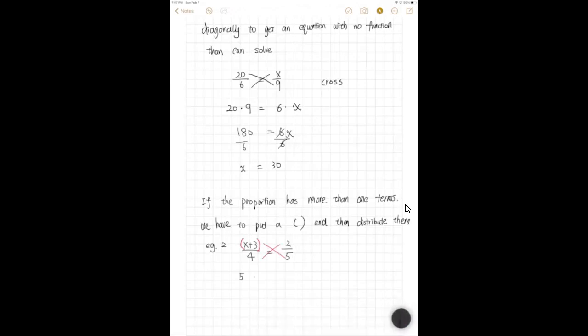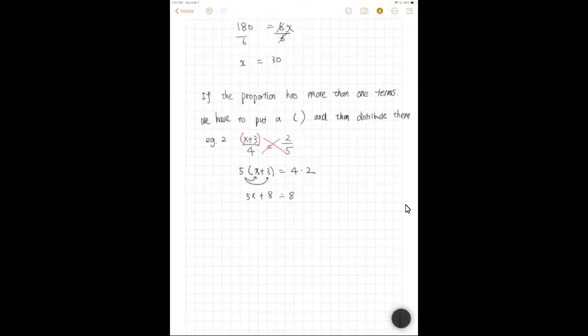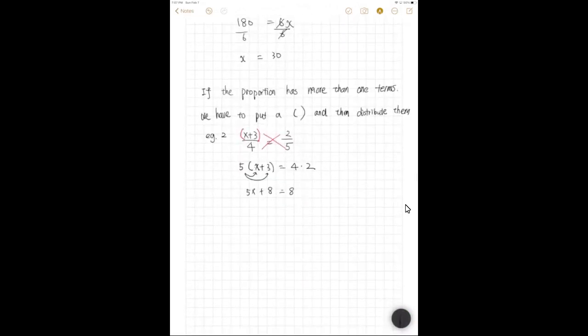So I have 5 times (x plus 3) equals 4 times 2. And then I distribute the 5 inside the parentheses. I have 5x plus 8 equals 8. Oh, 15, I'm sorry. 5 times 3 is equal to 15. Look at me.